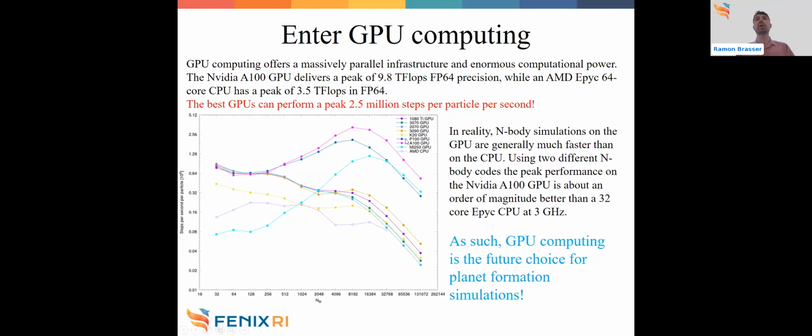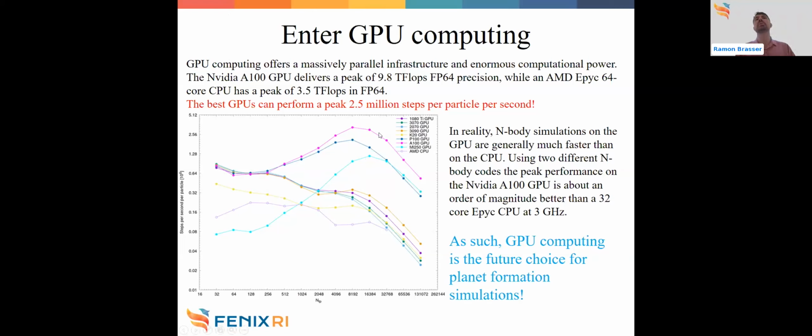So for the A100 GPU, which is this purple line here, I can get a maximum performance with about 8,000 self-gravitating bodies. I can get 2.5 million steps per particle per second. Then I can divide this by the number of particles, and I then know how many steps per second I do. And if I say, okay, I need to perform this many steps, assuming no loss, I have some idea of how long the computation is going to take.